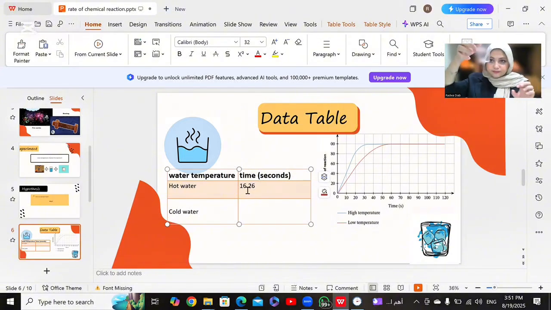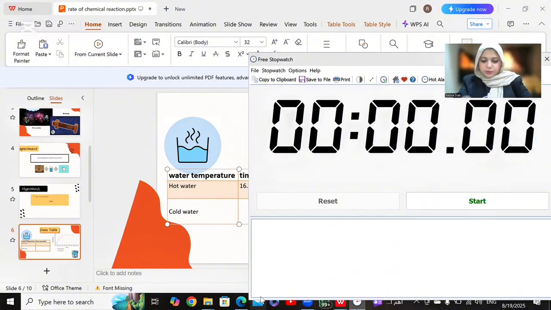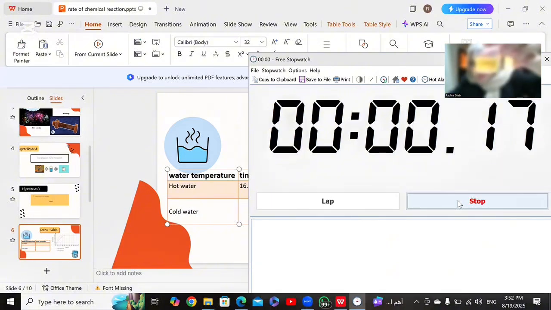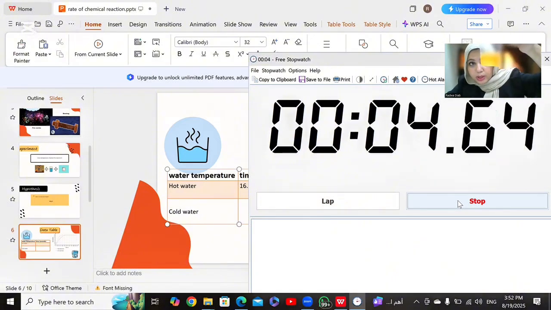Now we have the other cup with another tablet of the same kind. Let's try the cold water this time. But before I pour the water, I have to reset the stopwatch. Here we are. Can you see what is happening here? Yes, you can see the fizzing and the bubbles produced, but at a lower rate than the other one, right?